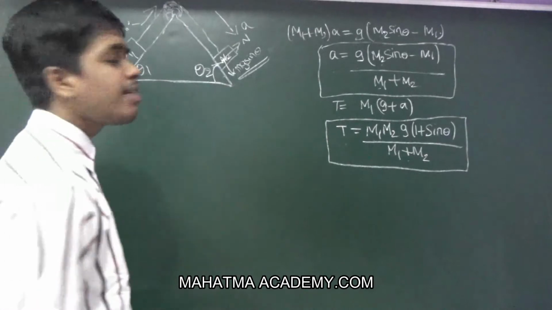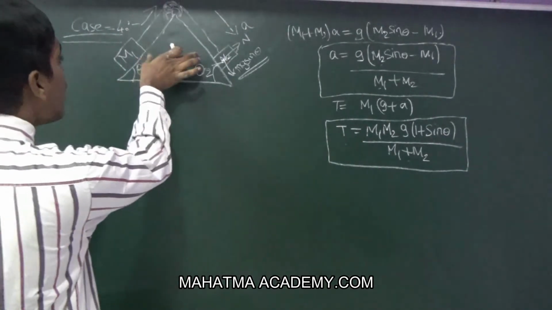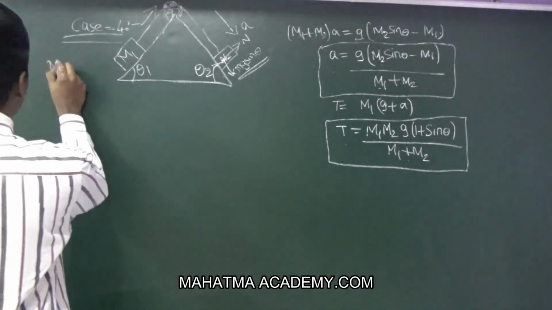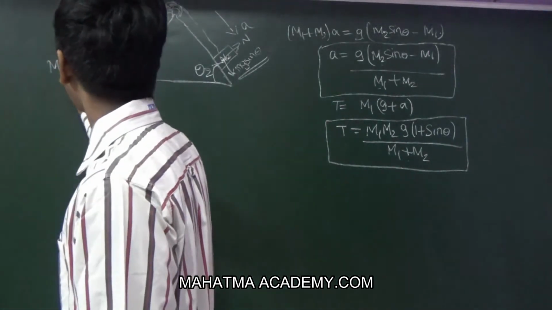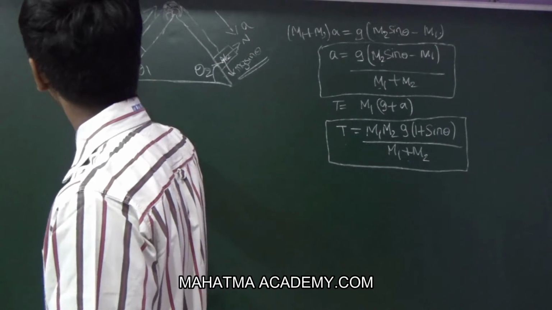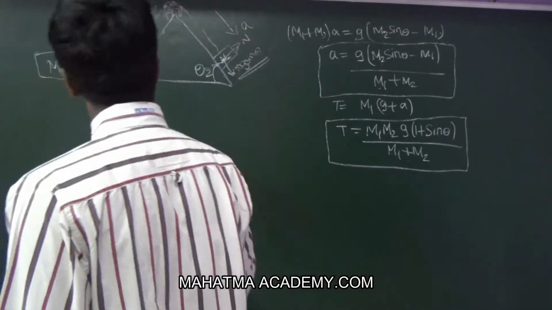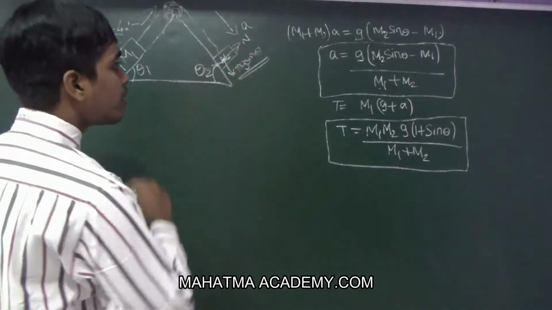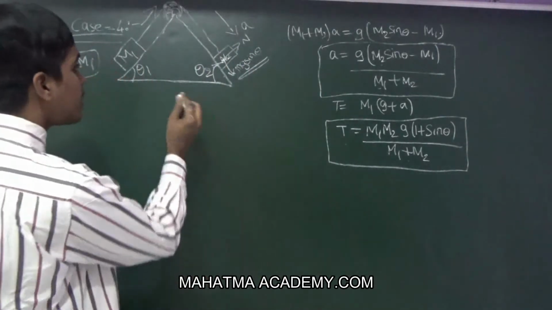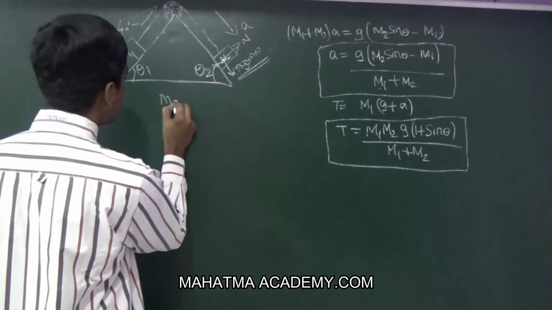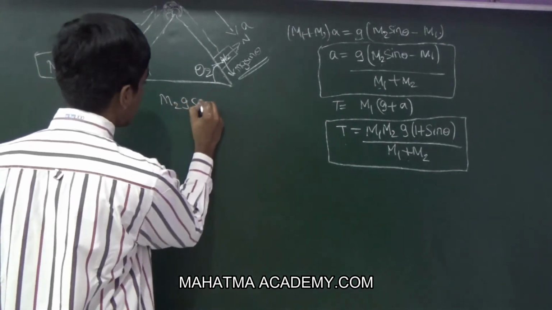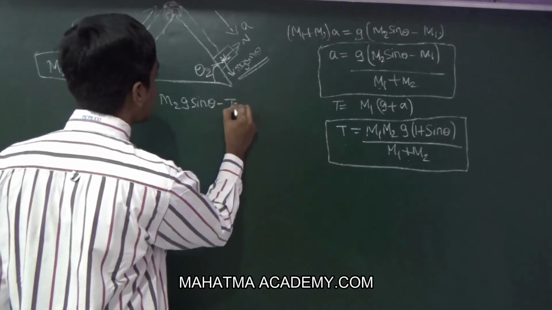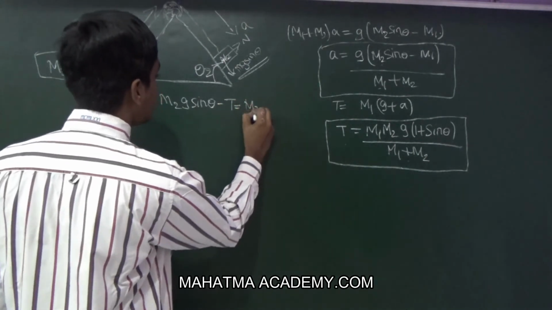Case 4 has two bodies on the inclined plane. Here also M2 is greater than M1, so M2 will pull the M1 block. Now for M2, it will become M2g sin theta minus tension is equal to M2 into a.